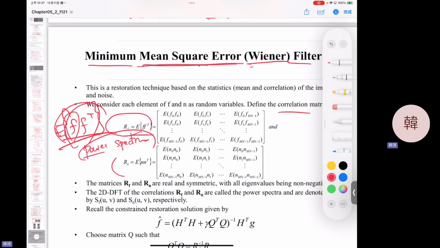And how about noise? Again, the noise is also an eta vector. If you take the correlation of this noise vector, eta times eta transpose, and take the expectation value, we define this as Rn, the correlation of the noise. If you take the Fourier transform of this, we call it the noise spectrum, the power spectrum of the noise.